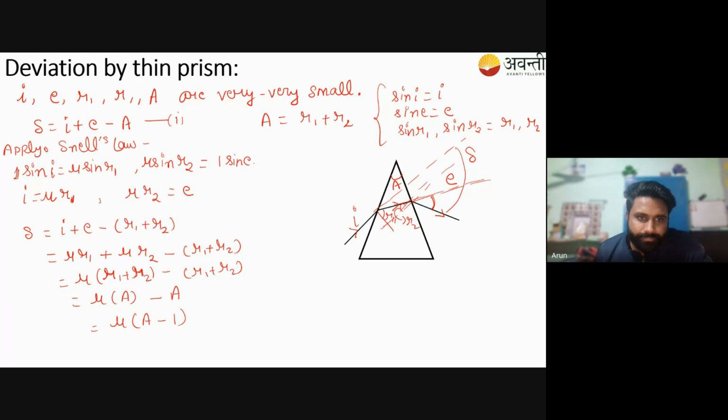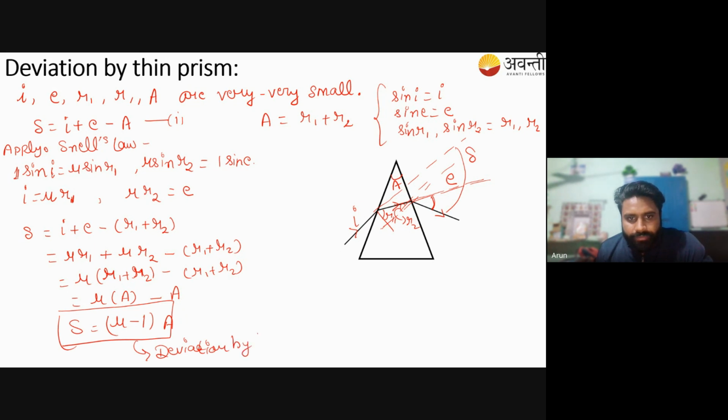Sorry, you can take A as common. So it will be (mu minus 1) into A. So this is the deviation produced by a thin prism. Okay. Got it?